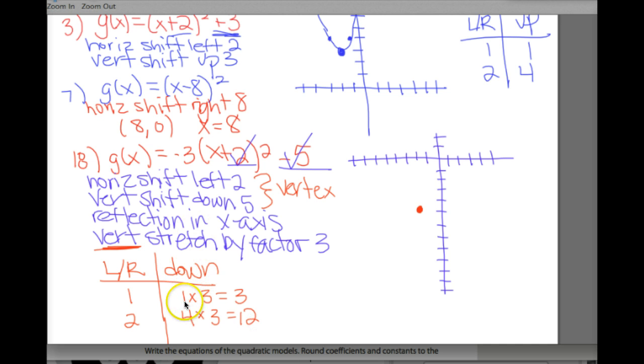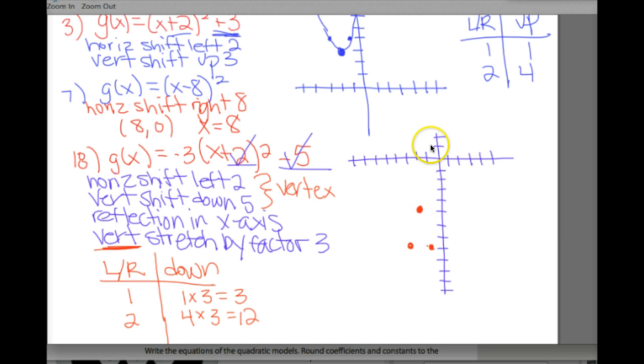So that means I'm going to go from my vertex left and right 1, down 3. So right 1, down 3, then left 1 and down 3. Now, typically we would also go left 2, down 12.